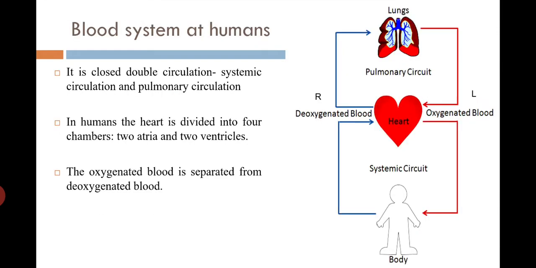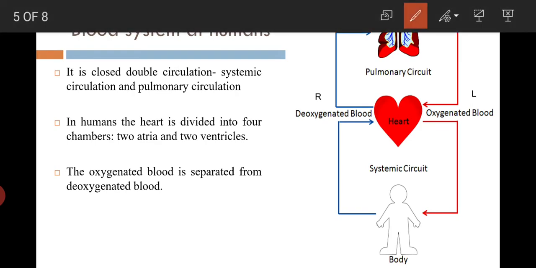Blood system in humans. We humans have a closed double circulation, which is divided into systemic circulation and pulmonary circulation. Systemic circulation makes the blood flow from the heart to the whole body, while pulmonary circulation is from the heart to the lungs.